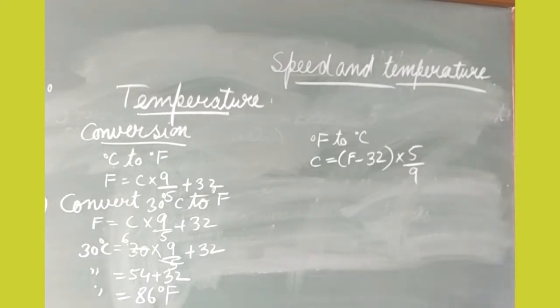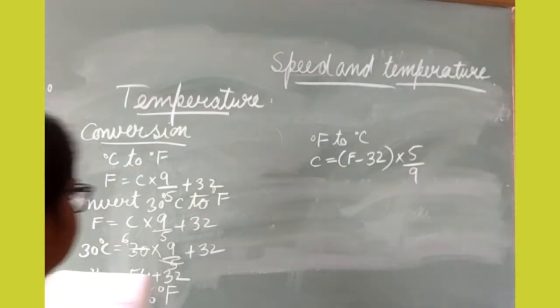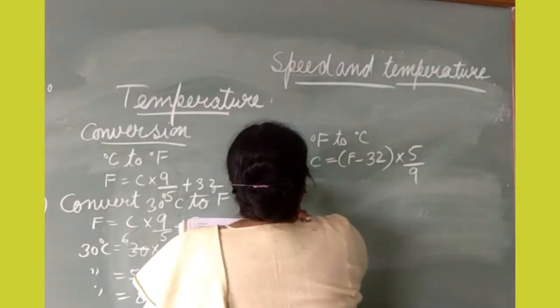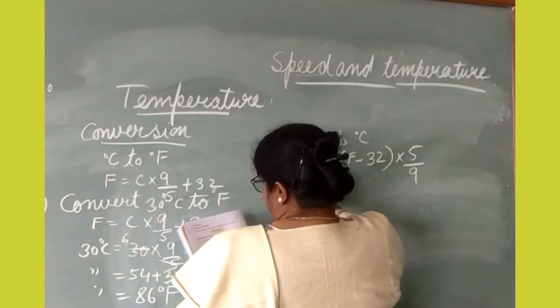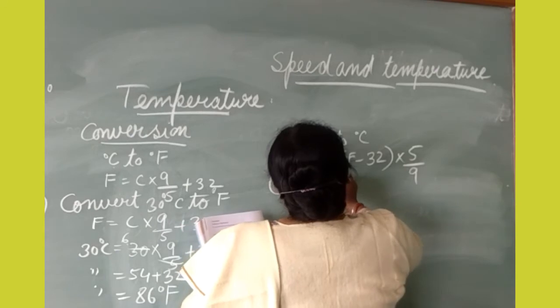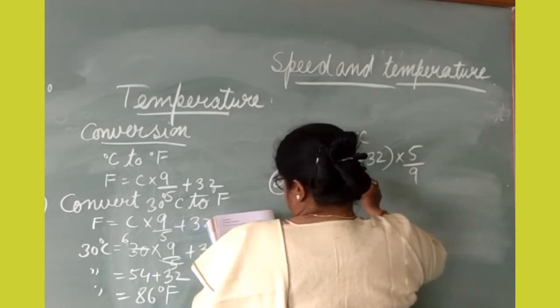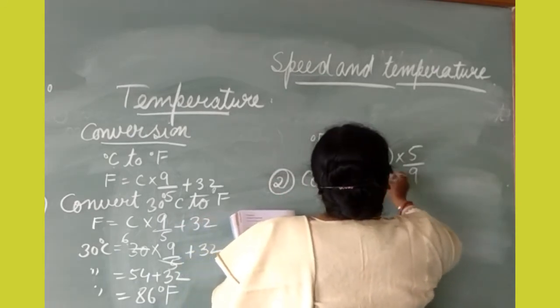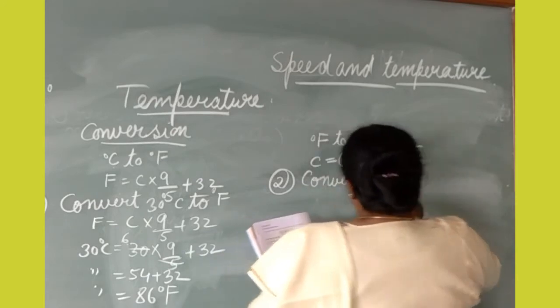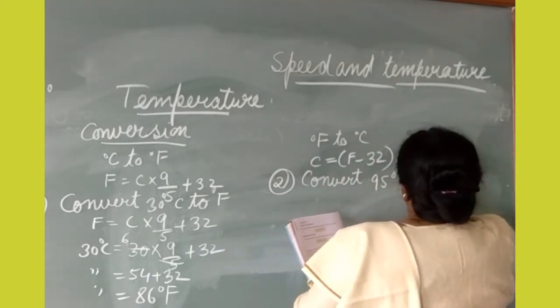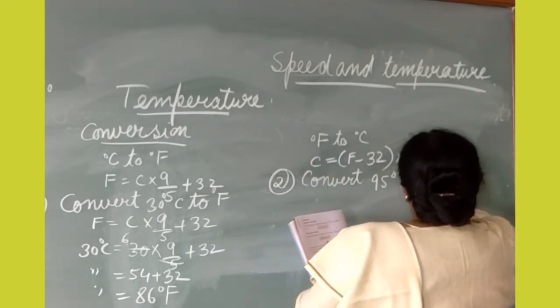Next, you will change Fahrenheit to centigrade. What is the question here? Question number 2: convert 95 degrees Fahrenheit to degrees Celsius. What formula do we use here?